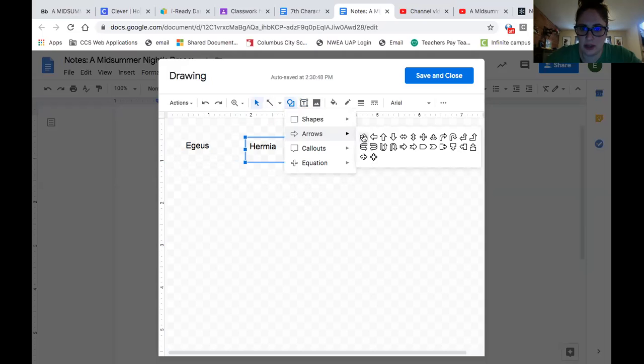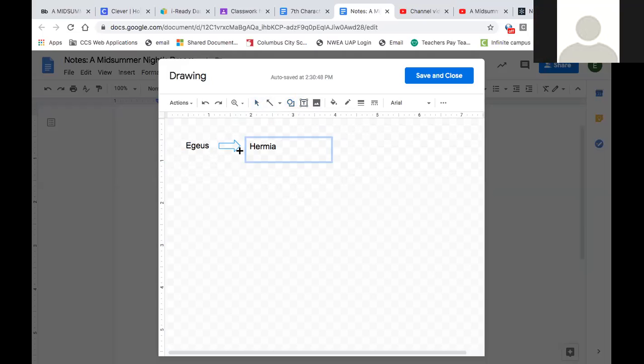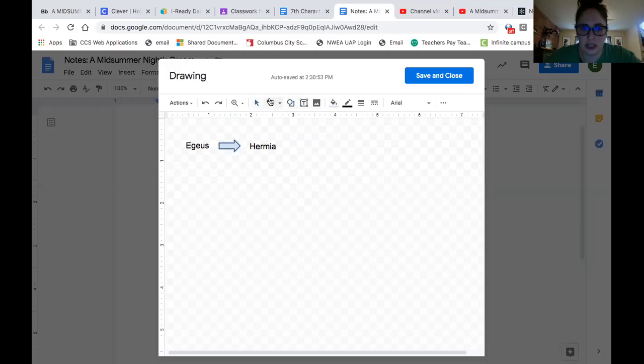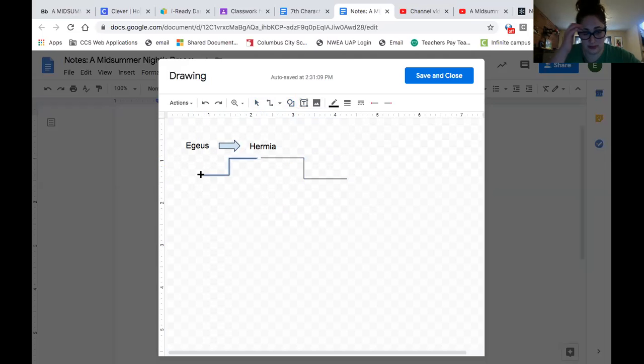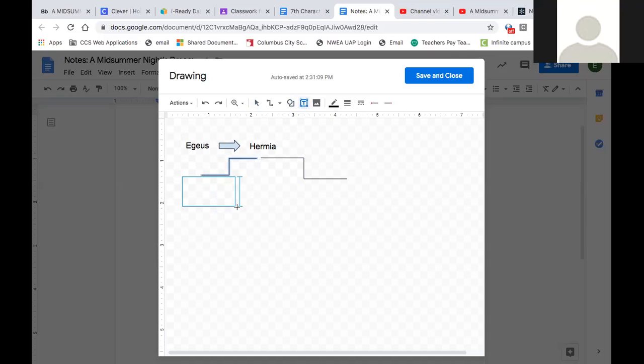Aegeus tells Hermia that she has two choices. Hold on, what if I just say he forces his daughter to marry a dude or become a nun?